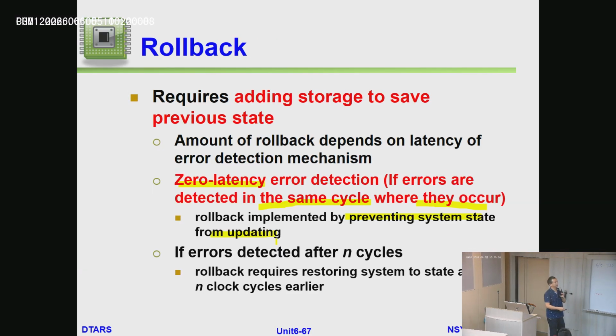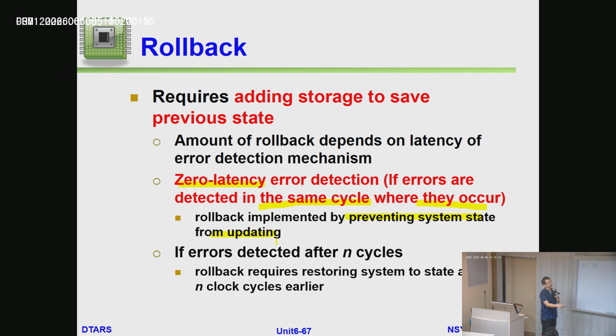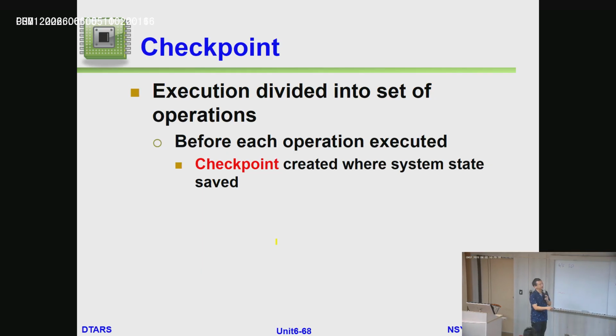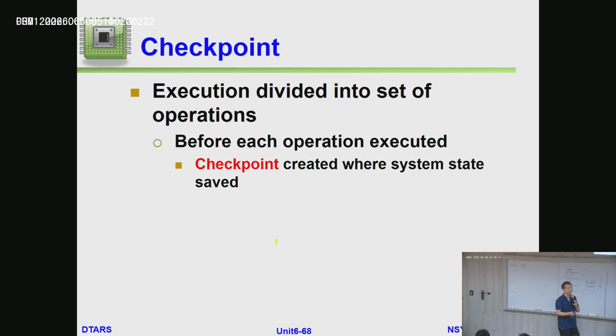When we do this rollback, we need to add some storage to save the previous state. This previous state, we can call it a checkpoint, 检查点. Okay, so I'm not so sure about your PC, do you usually store checkpoints for your PC? For Windows?